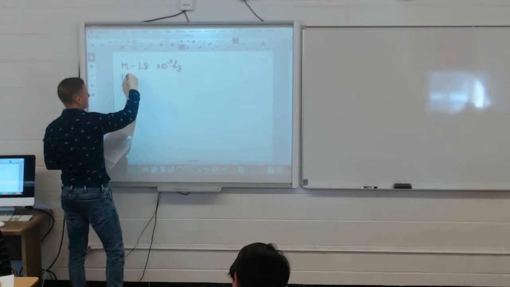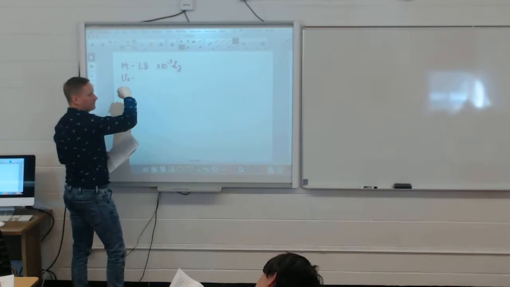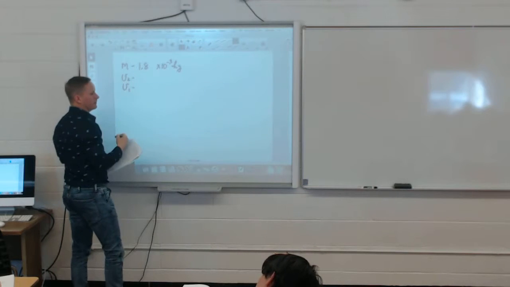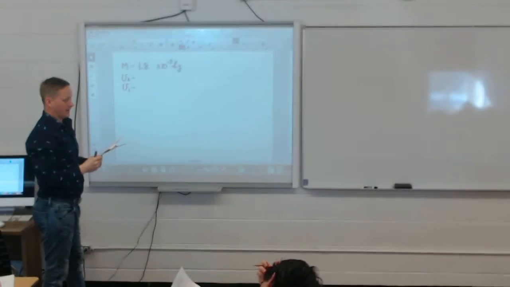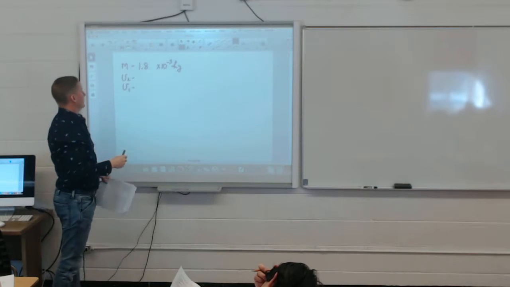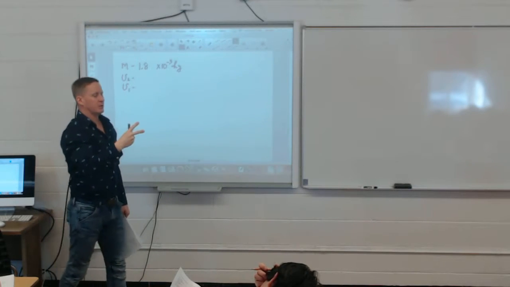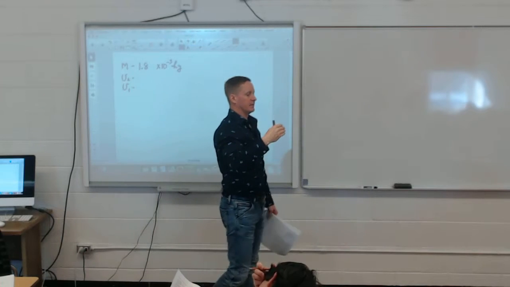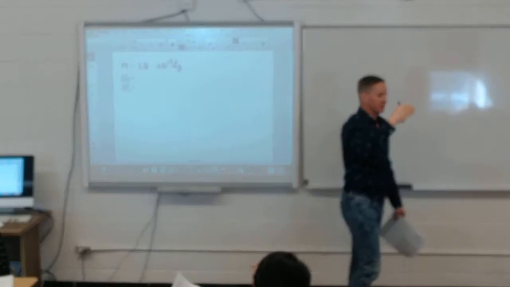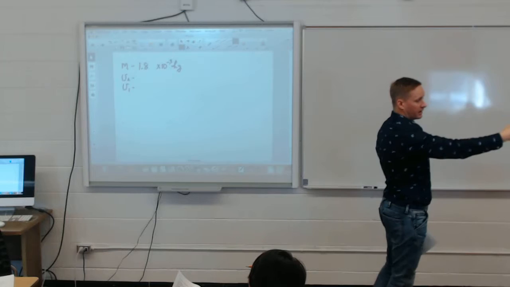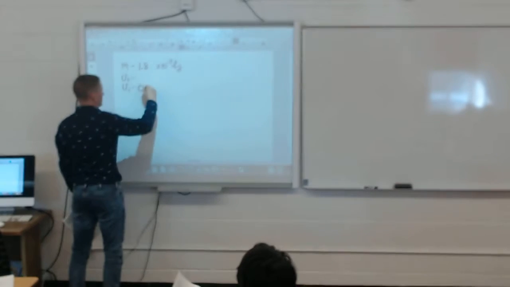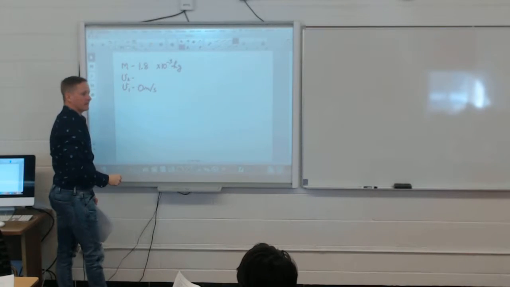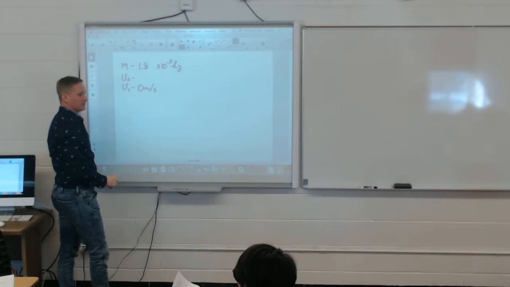Okay, so the trick in this question is to know whether the muzzle velocity is V1 or V2. There'll be two types of questions like this. One, the muzzle velocity would be the V1, in which you're calculating everything after it's out of the gun. But when you're calculating within the gun, your muzzle velocity is your V2, because your initial is zero. Does that make sense?